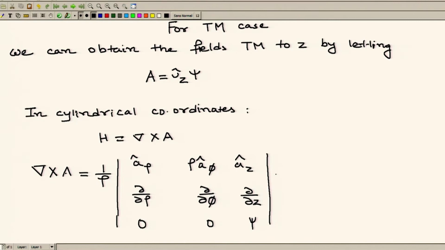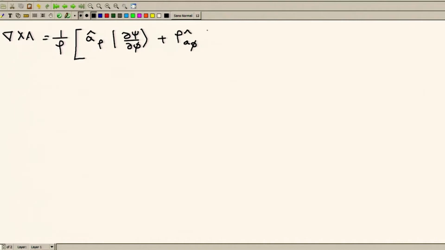Therefore, we can write curl of A as 1 upon rho, and then A rho del psi del phi plus rho A phi minus of del psi del rho, plus A z 0.